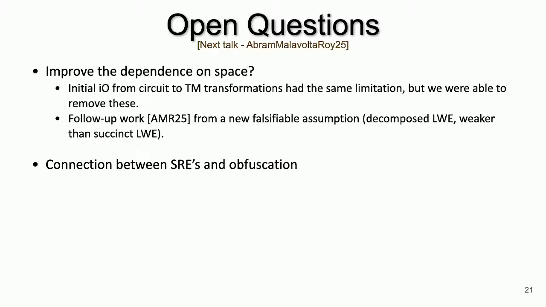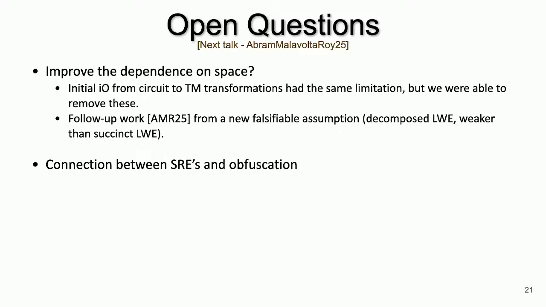What's the connection between SRE and obfuscation? That's something which I've been thinking about, and I have no good intuition for why this is, because obfuscation is like, you can think of it like XIO, where you're compressing a truth table. But SRE is like you're compressing computation. You have a Turing machine which is running for time t, and somehow you can compress the computation time. But what's the relationship between these two objects? We don't know.